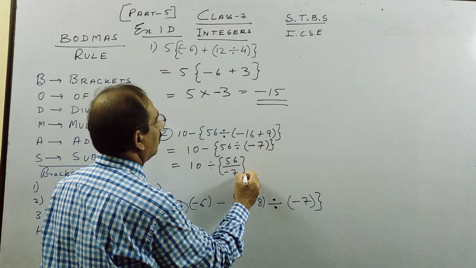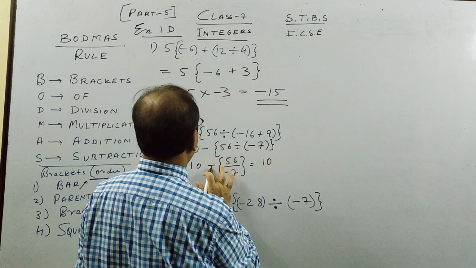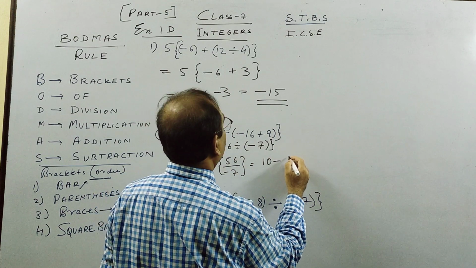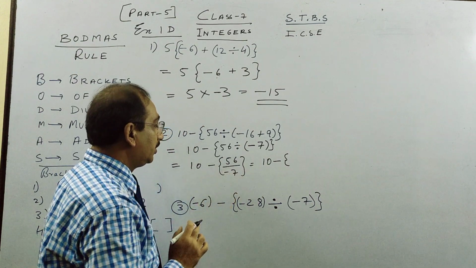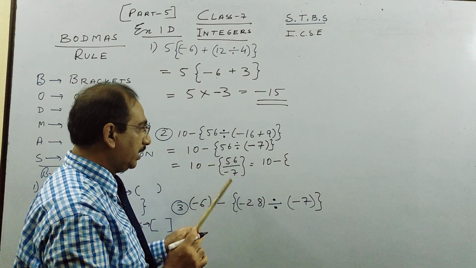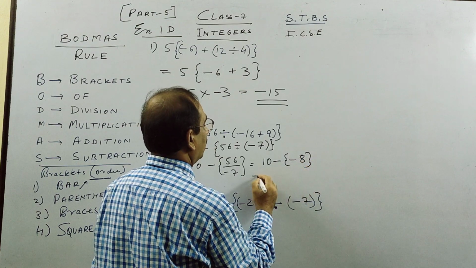Division rule: plus divided by minus is minus, and 7 goes 8 times.